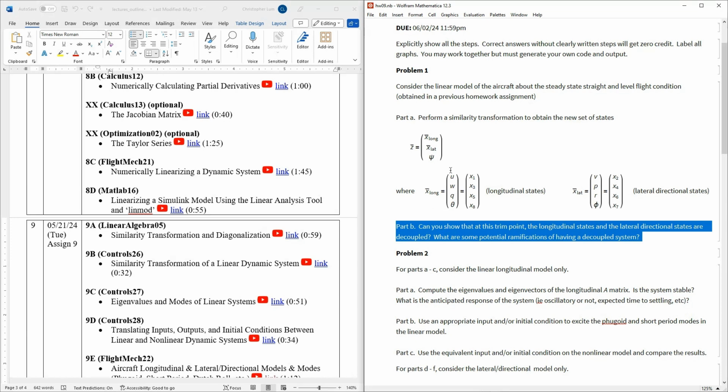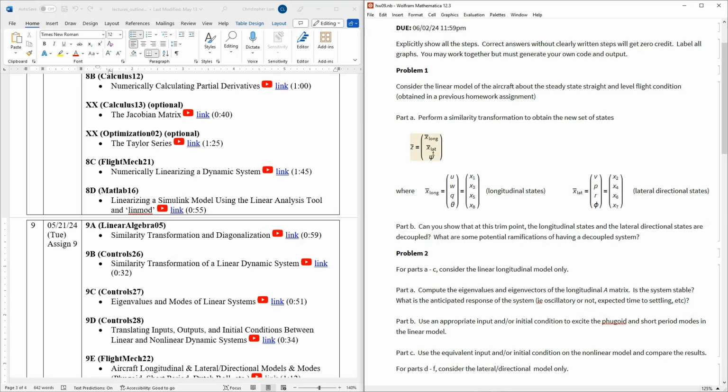And what that means, without giving too much away, is when you perform this similarity transformation on your linear system, something very interesting is going to happen with the structure of the A matrix. So I'd like you to examine that and see if you can make a mathematical case for why we sometimes say that these modes, the longitudinal and the lateral directional states, are decoupled in this condition. So that's what problem 1 is, applying this to your old system.